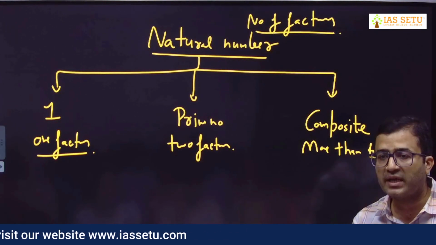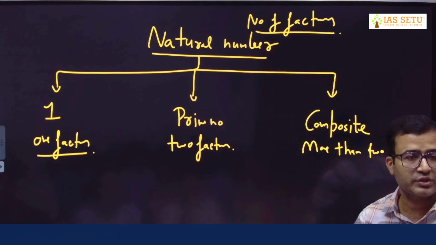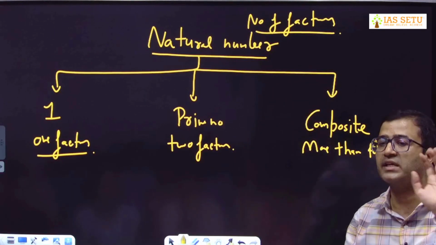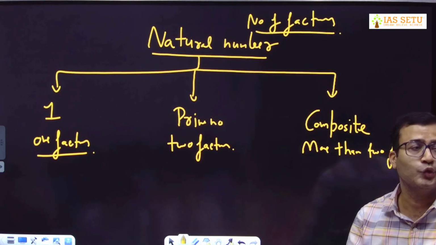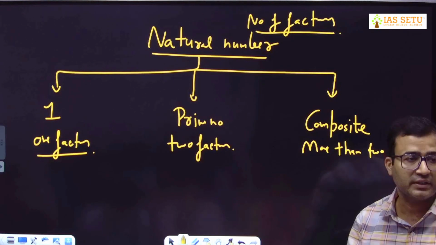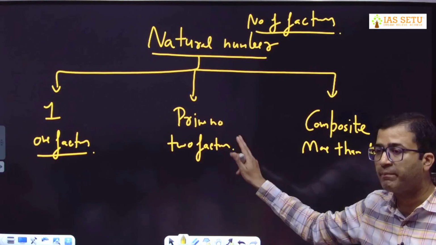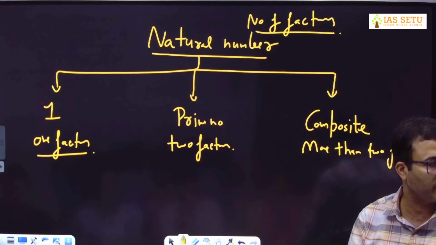What that person has done, he has worked on natural numbers, then he categorized those natural numbers separately which have exactly two factors. उसने उनको अलग लिखना स्टार्ट कर दिया, 2, 3, 5, 7, 11, 13, 17, 19, because we made a separate category of the natural numbers which have exactly two factors.